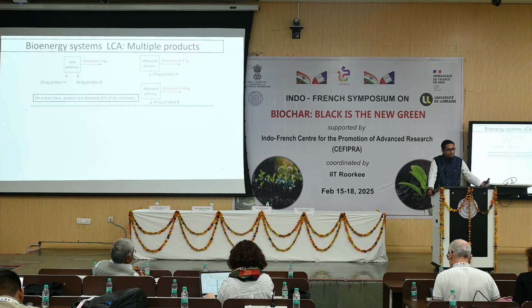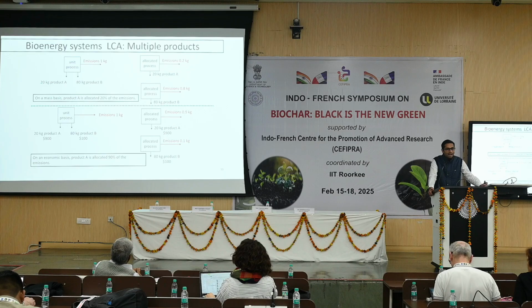So far, so good. But what if this 20 kg of product A has a market value of $900 and the 80 kg of product B has a market value of $100? Now I might want the allocation to be done on the basis of the market value, because even though a product is produced in a small amount, the market value happens to be large.